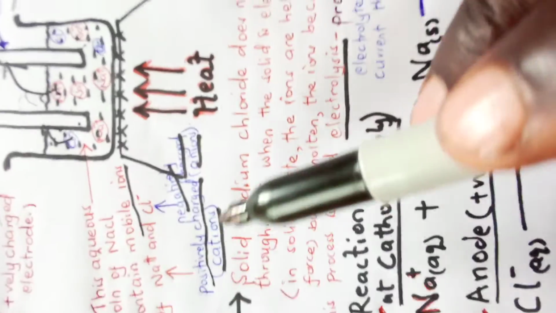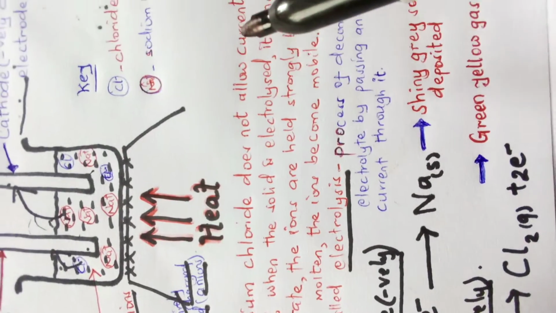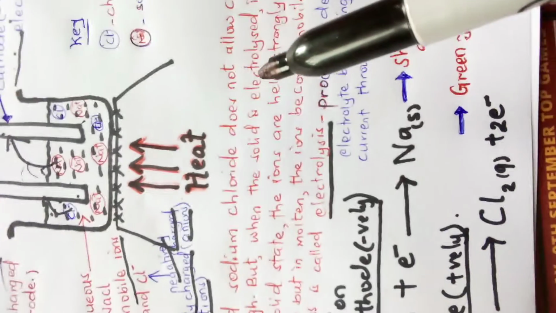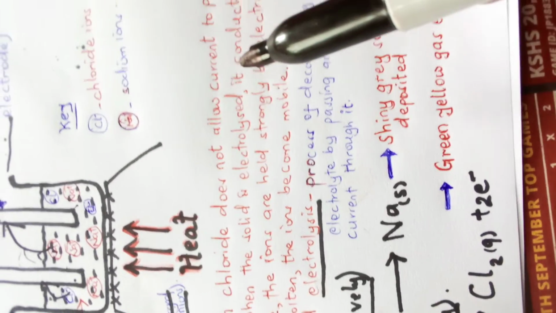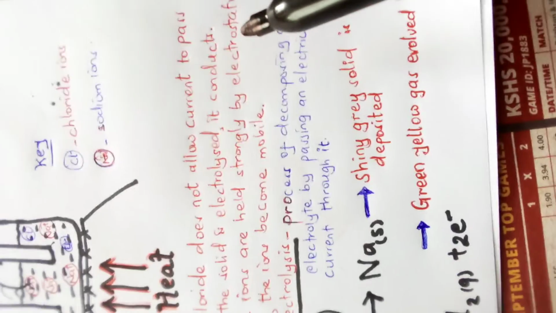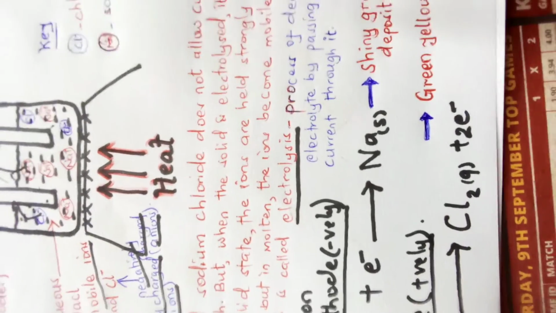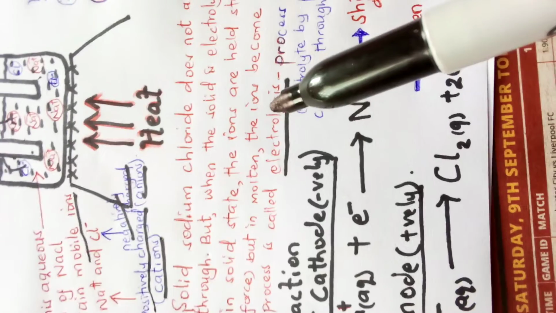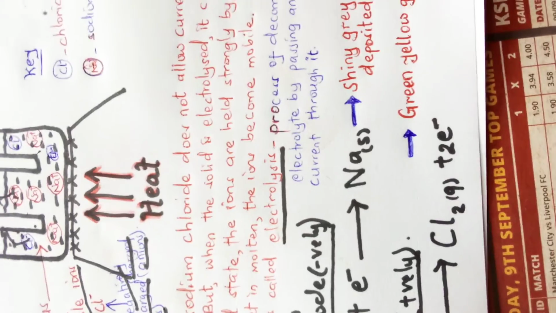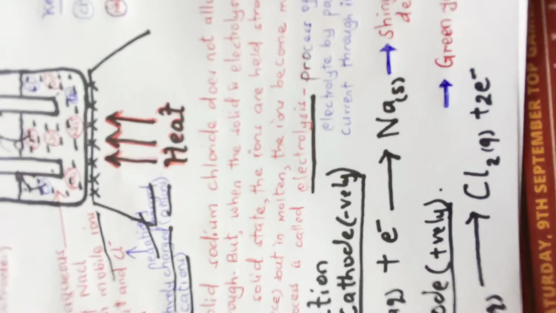Solid sodium chloride does not allow current to pass through it. Why? Because in solid state, the ions are held strongly by electrostatic force. But in molten state, the ions become mobile because melting involves breaking of the bonds.